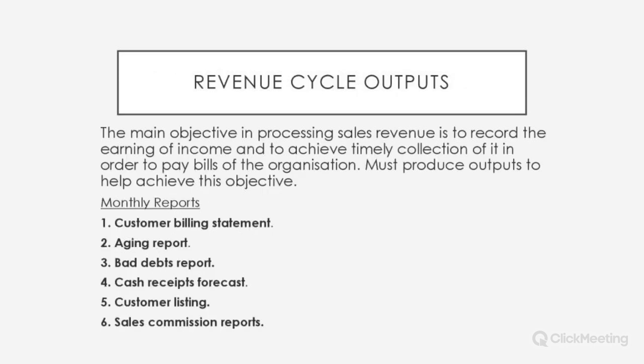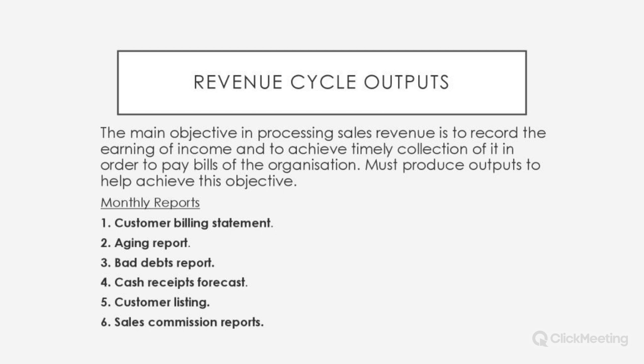Monthly reports that are revenue cycle outputs are customer billing statements, debtor aging reports, bad debts reports, cash receipt forecast, customer listing, and sales commission reports.